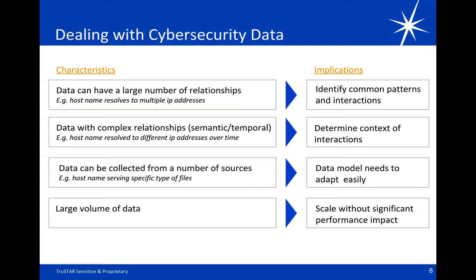They're looking at other kinds of software logs. They're looking at access logs, access control levels. When you think about the kind of sources and the data that comes in, the data model itself cannot be static. It needs to be adaptable, and it needs to be able to change easily.